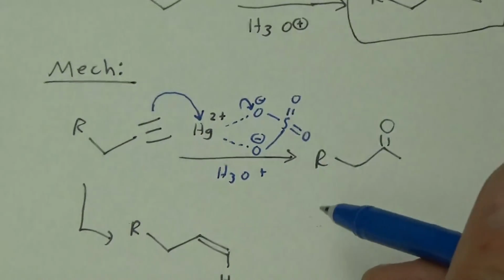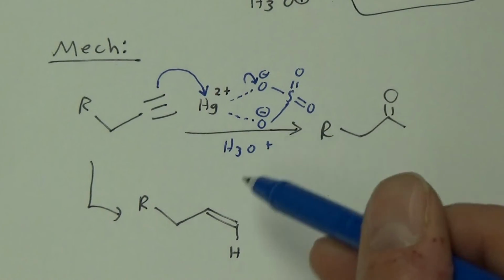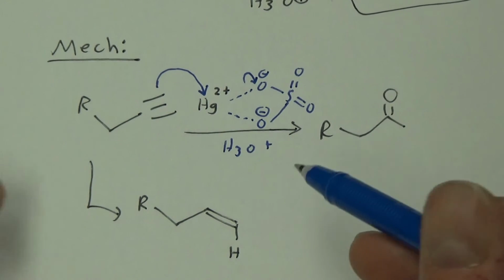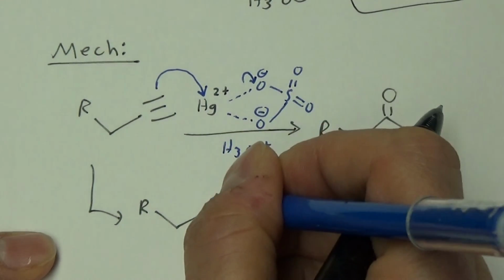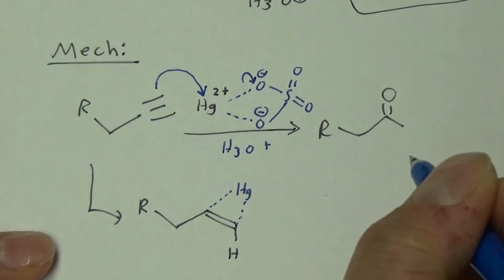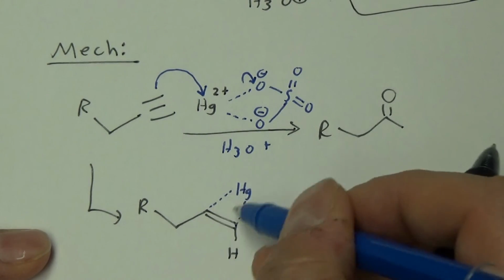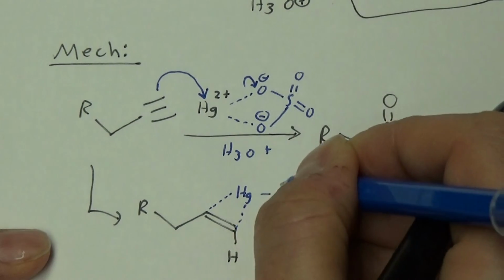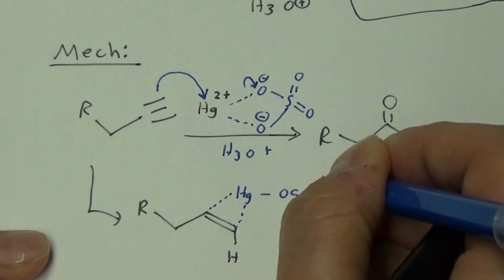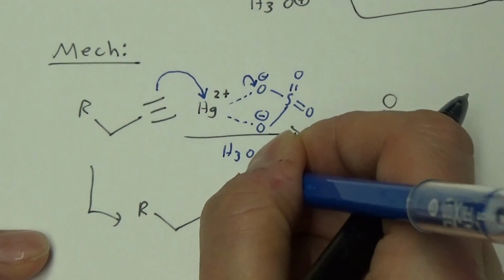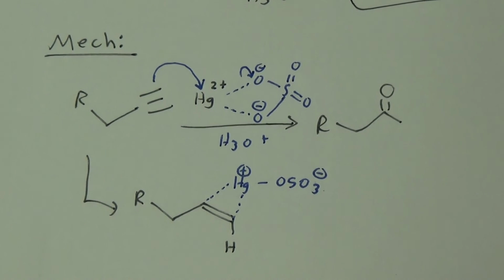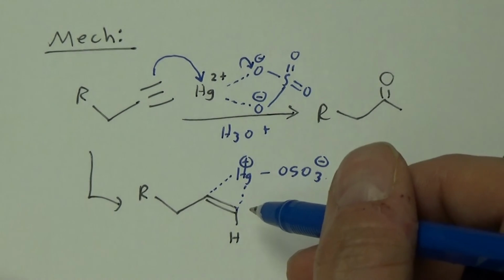And remember bromoniums, and what's the analogous thing to a bromonium with mercury? It's called a mercuronium. I'm using dotted lines because the bonding is not exactly clear, but it's mercury bound to both carbons, and we have an SO3 minus, and the charge is now positive on mercury. So what are we going to call this thing?